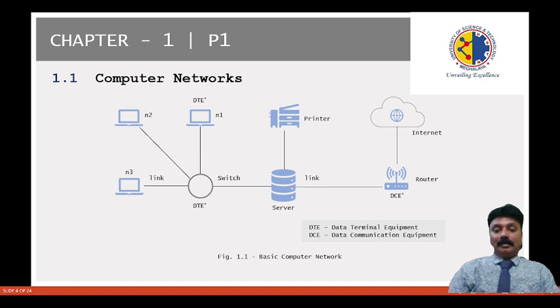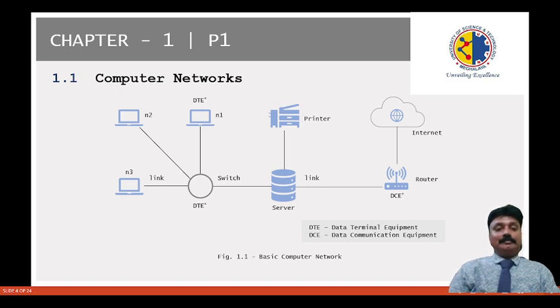From internet, how we are accessing the services to our nodes. That is a point which we can see here. From the internet via router, that is DCE, data communication equipment. So through data communication equipment from the internet, we can get the networks information to our nodes N1, N2 and N3.